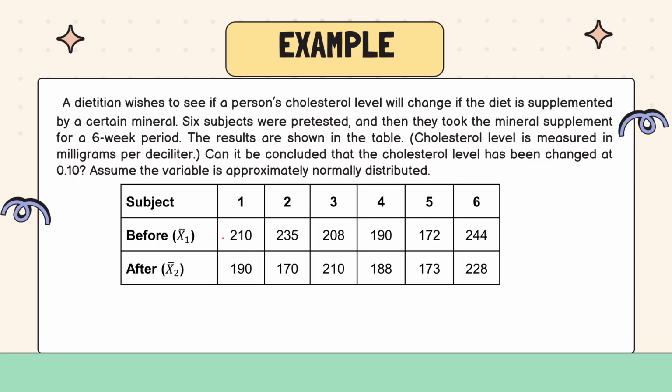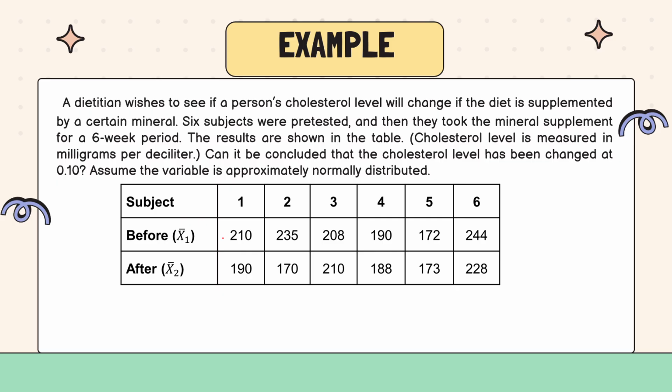Before and after, so it is understood that this is a dependent sample. We are assuming that the variable is approximately normally distributed, because if not, we would be using non-parametric tests. Since the assumption of normality holds, we will use a t-test for dependent samples.